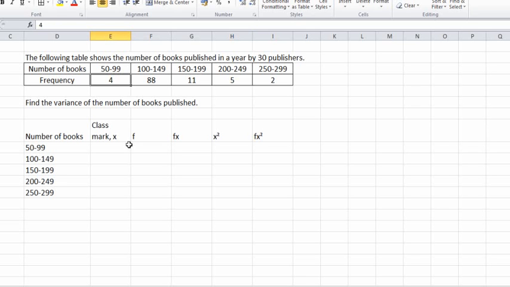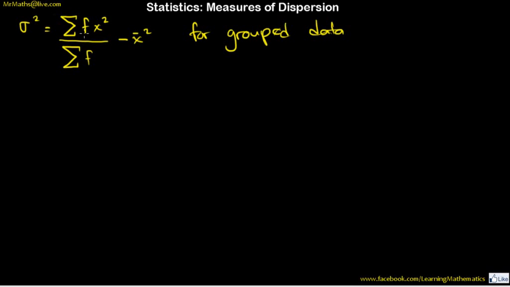I have highlighted before that we need to have a summation of f x squared. What is f? f is the frequency, x is the data itself, and x bar as usual is the mean.